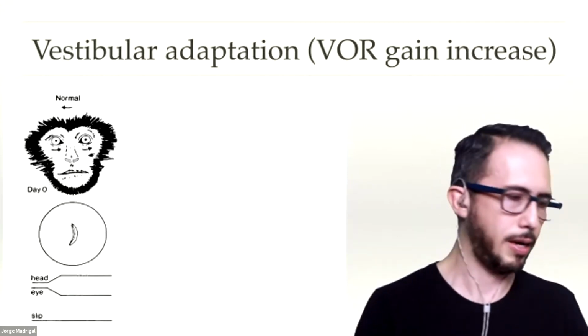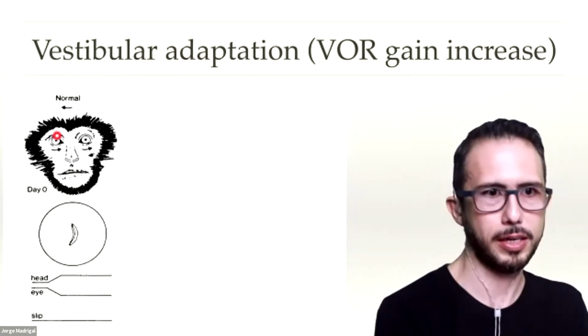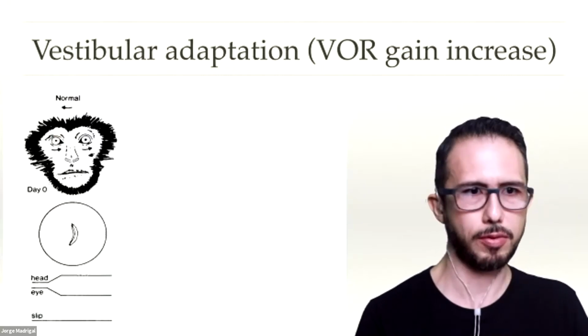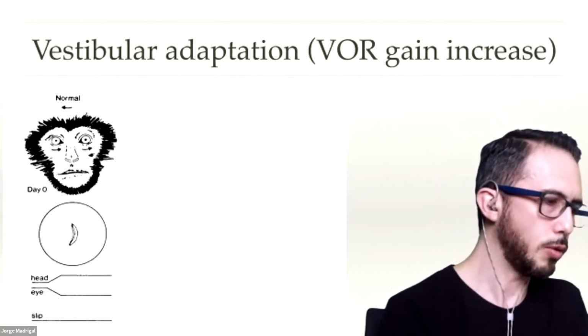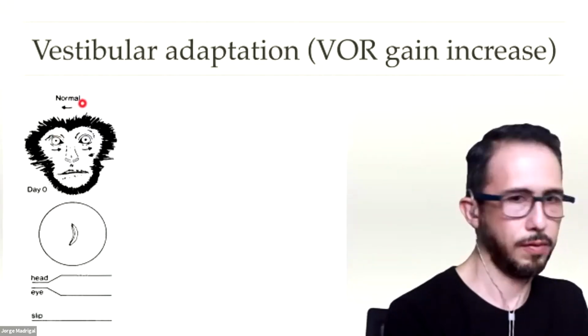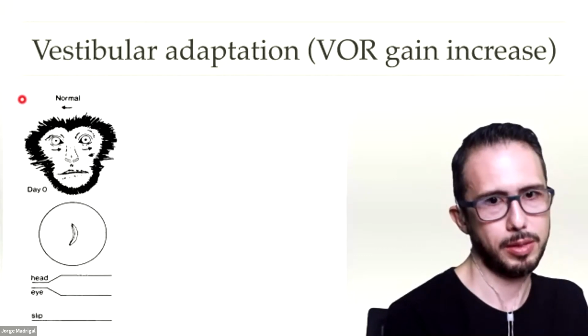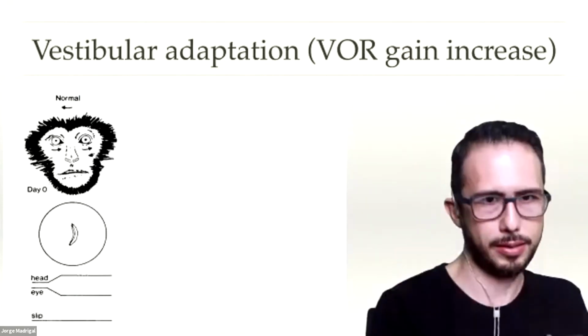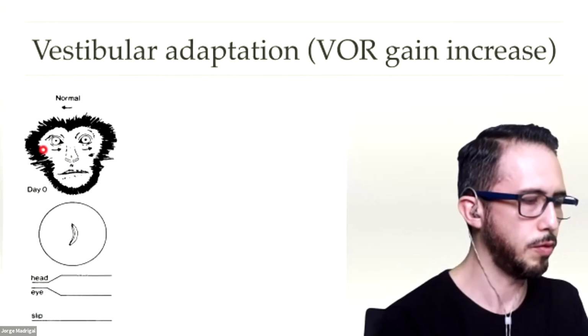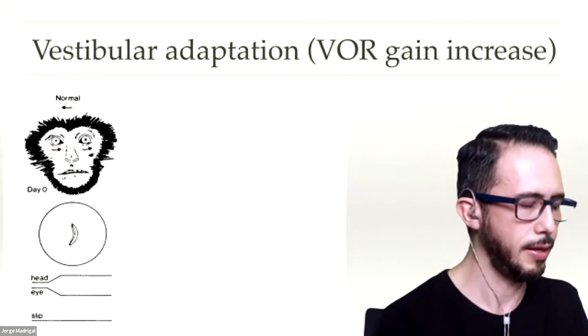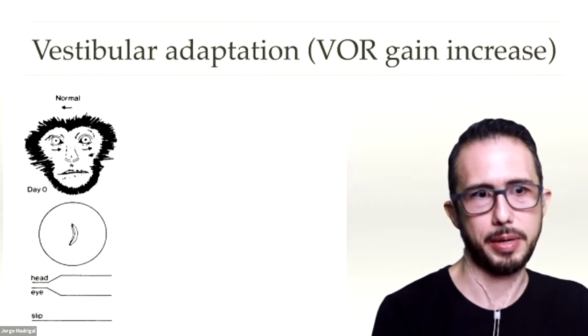If we have a normal monkey that has a normal vestibulo-ocular reflex, normal VOR, when we move the head of this monkey to the right, the vestibulo-ocular reflex kicks in, so they move the eyes to the opposite side while looking at a banana.